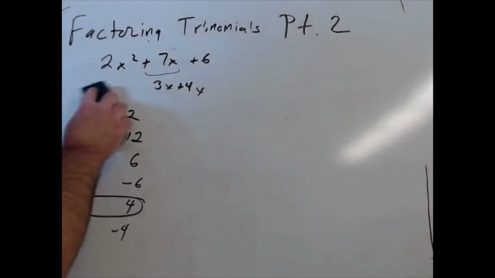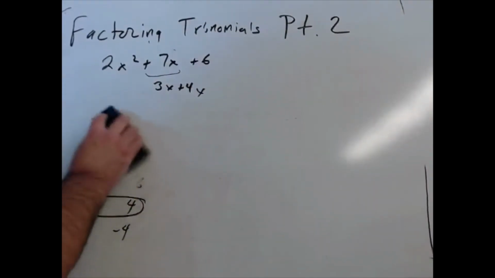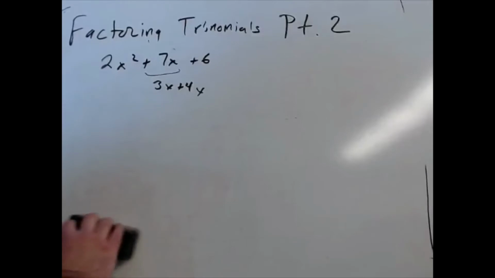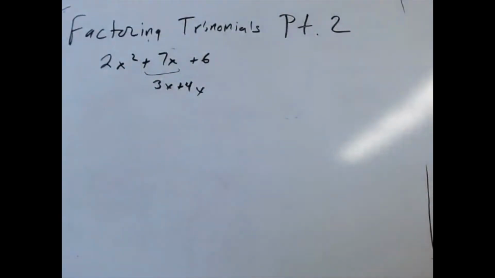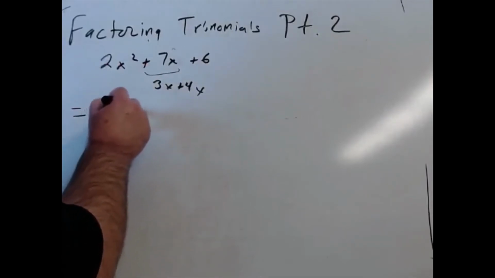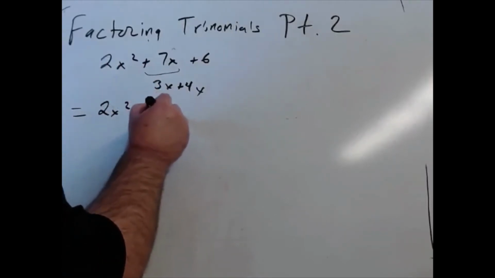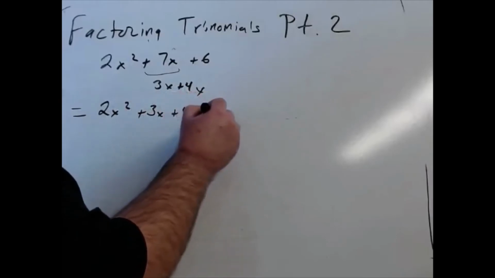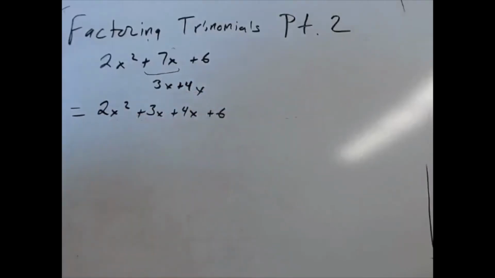So again, the purpose of that is to take a trinomial, which has 3 terms, and turn it into something that has 4 terms so that we can take 2 pairs of brackets like we do at the end of the process. So the 7x gets rewritten, so I end up with 2x squared plus 3x plus 4x plus 6. Again, 4 terms here.